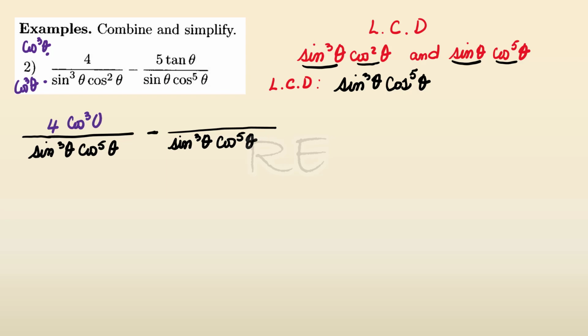We get 4 cosine cubed theta minus. To create sine cubed theta cosine fifth theta, we need to multiply by sine squared theta over sine squared theta. We will get as our numerator 5 tan theta times sine squared theta.